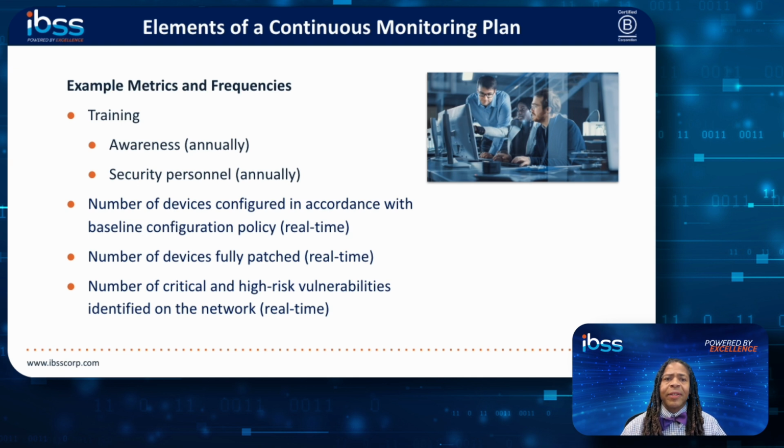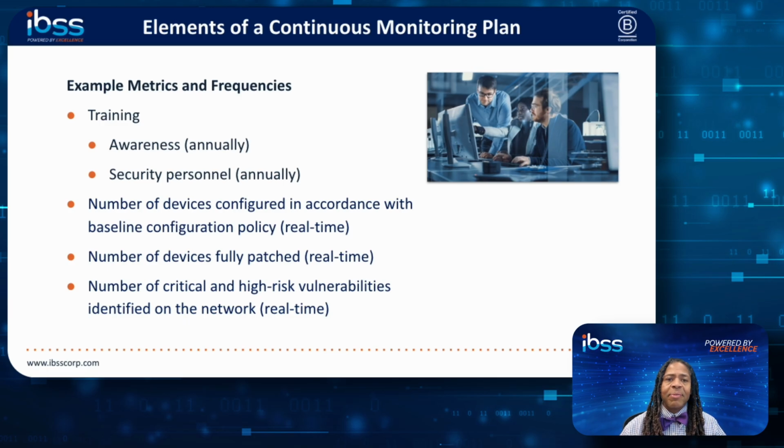Now, the next bullet is related to critical and high-risk vulnerabilities. That is related to the number of devices that are fully patched. However, in this instance, we're highlighting the fact that there are devices on the network that are not fully patched, and compound that with the fact that they have a critical and or a high vulnerability.